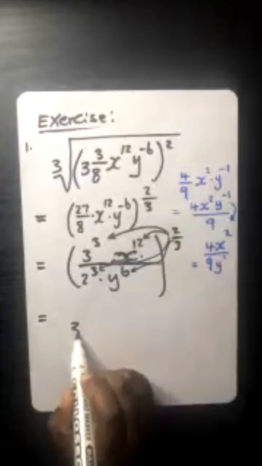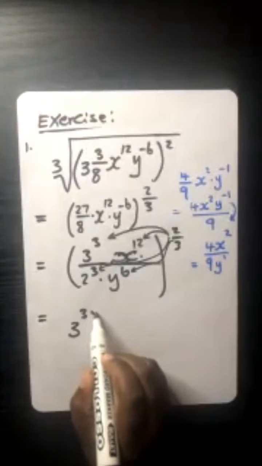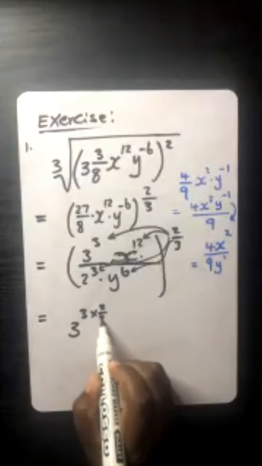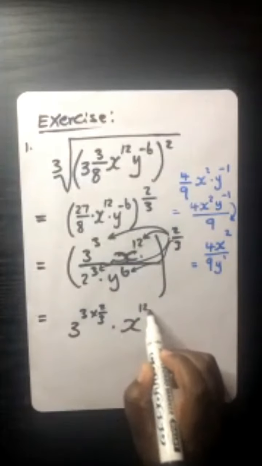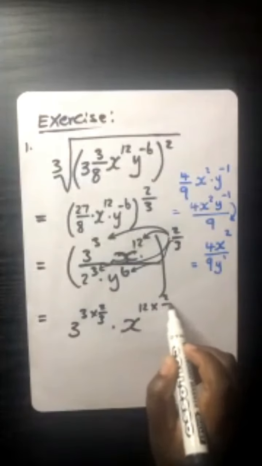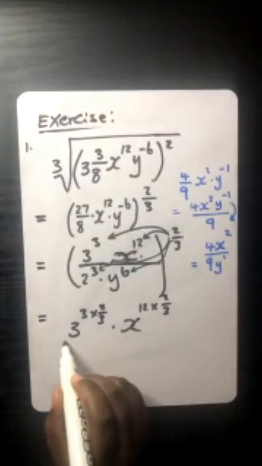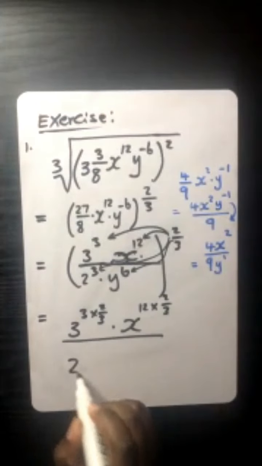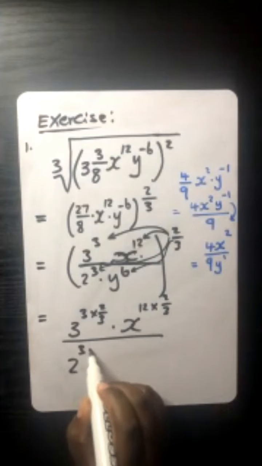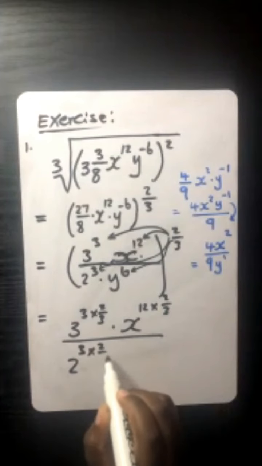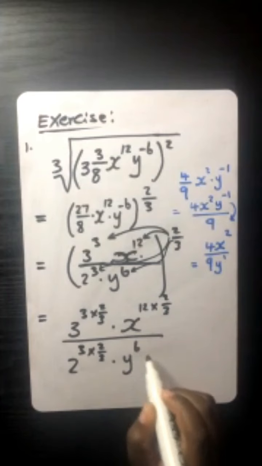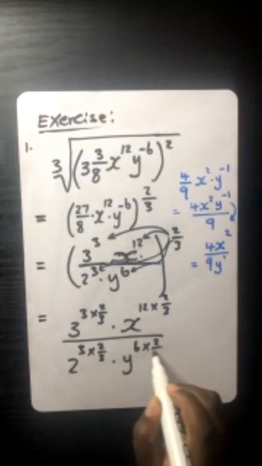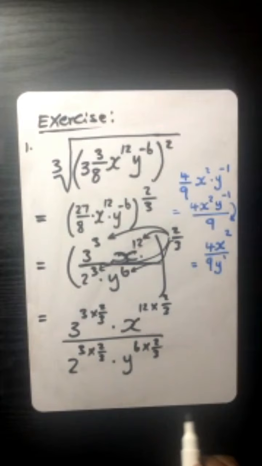That means we've got 3 to the exponent 3 multiplied by 2 over 3, multiplied by x to the exponent 12 multiplied by 2 over 3, the whole of this divided by 2 to the exponent 3 multiplied by 2 to the exponent 3, multiplied by y to the exponent 6 multiplied by that.